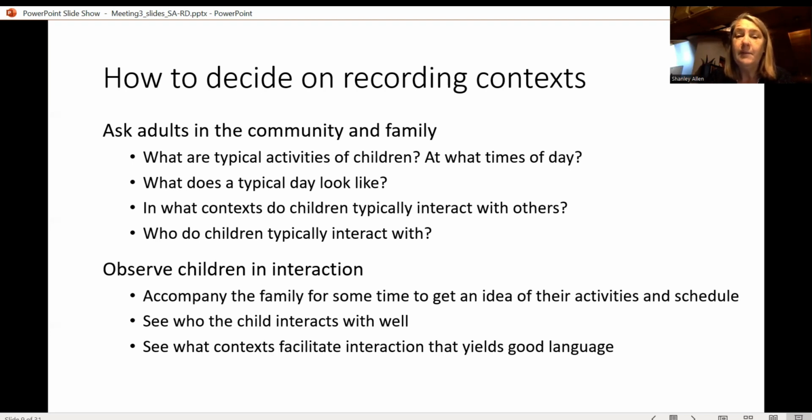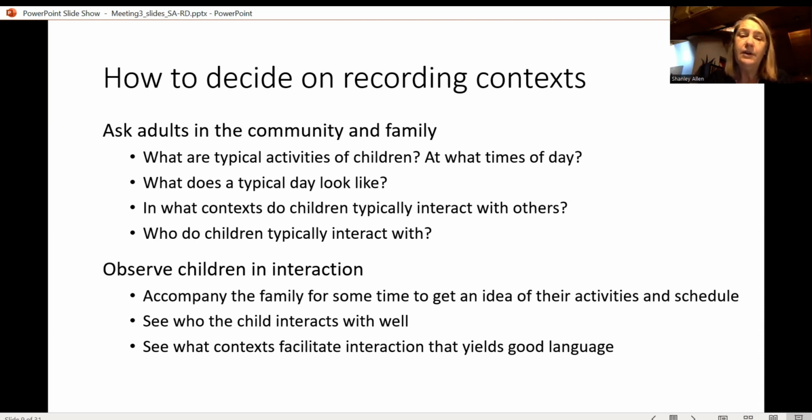So you could accompany the family for some time to get an idea of their activities and schedule, maybe hang around for a day in their house, or a couple of days, or a couple of mornings, to see what are going to be the best times to get the most data, and see who the child interacts with well, and then see if they can be available for the taping sessions.